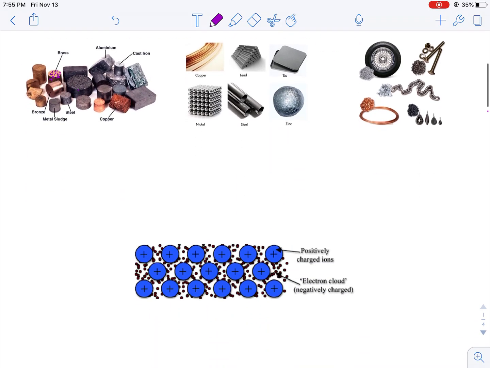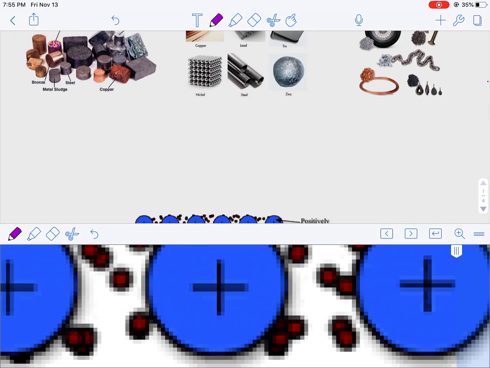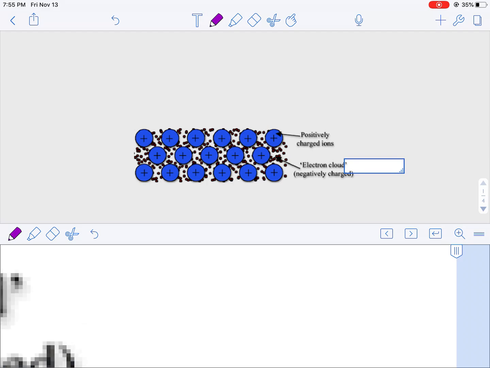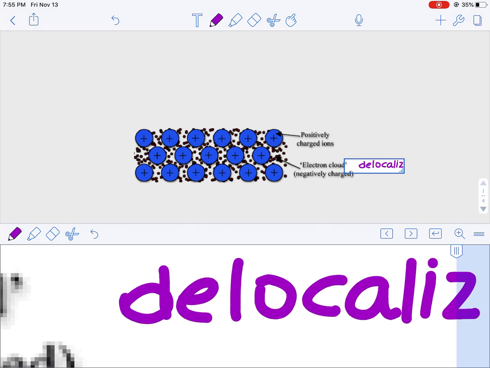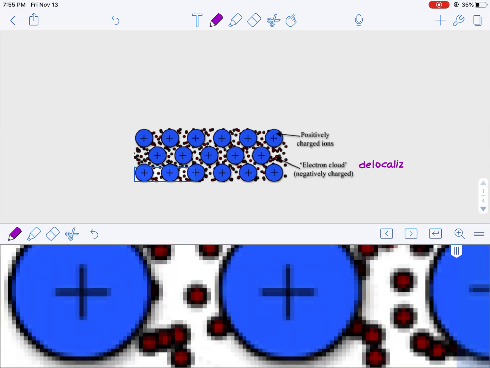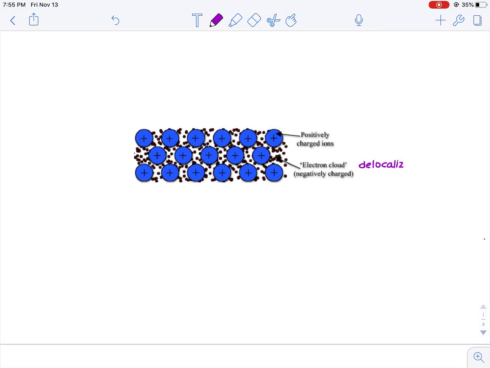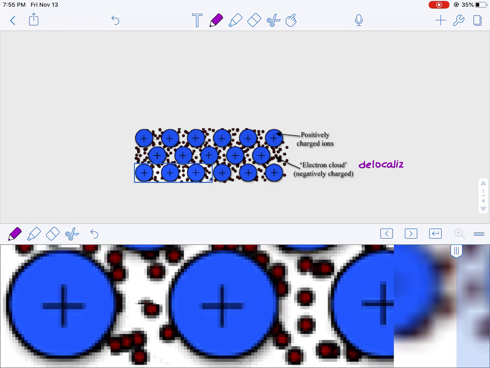Well, it brings us to this idea of what are referred to as delocalized electrons.